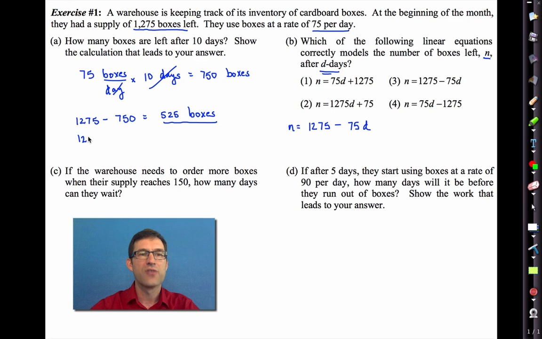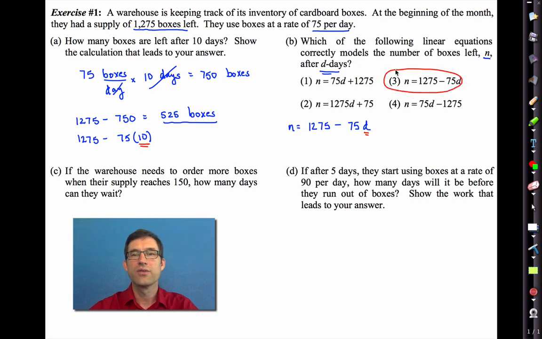This was 1275 minus 75 times the number of days. The only difference between these two is that in this case, I know the number of days is 10, and in this case, the number of days is left as a variable. And therefore, choice 3.